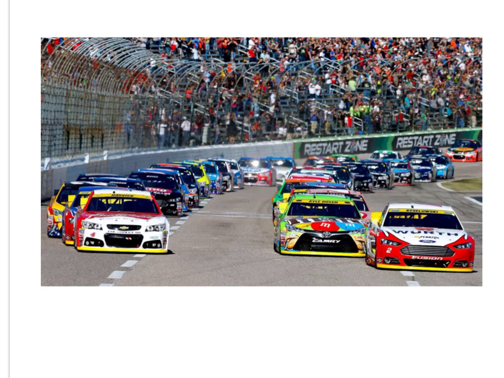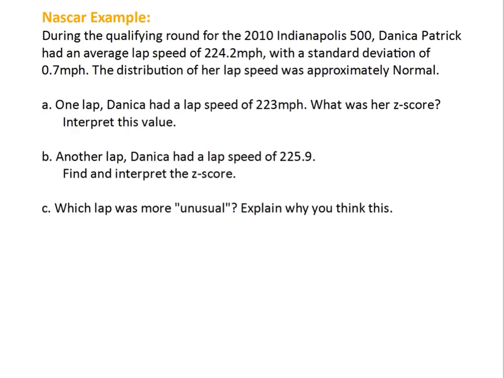So we're going to take a look at a NASCAR example. I'm from Georgia, so why not talk a little bit about NASCAR? So we're going to take a look at this example. It says, during the qualifying round of the 2010 Indianapolis 500, Danica Patrick had an average lap speed of 224.2. Remember, the average is my x bar, with a standard deviation of 0.7.